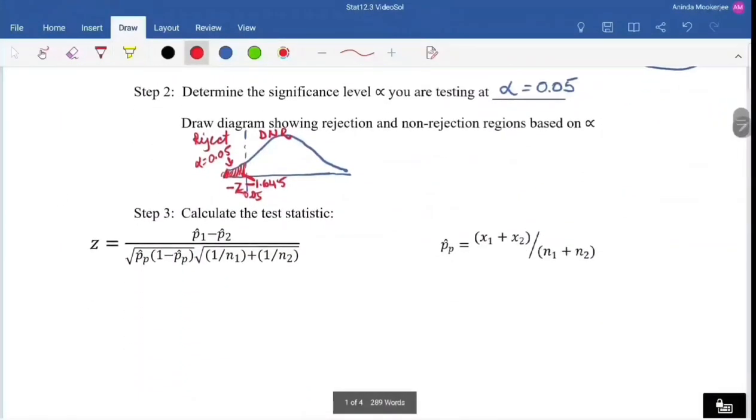The next step is to calculate the test statistic. So let's look at the formula here. Again, this is z that we are trying to find. It's going to be z sub 0.